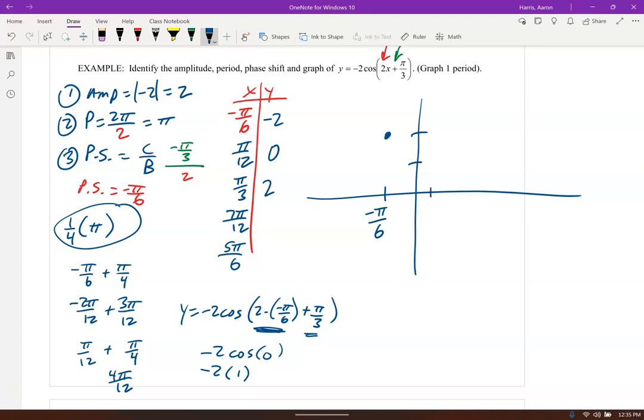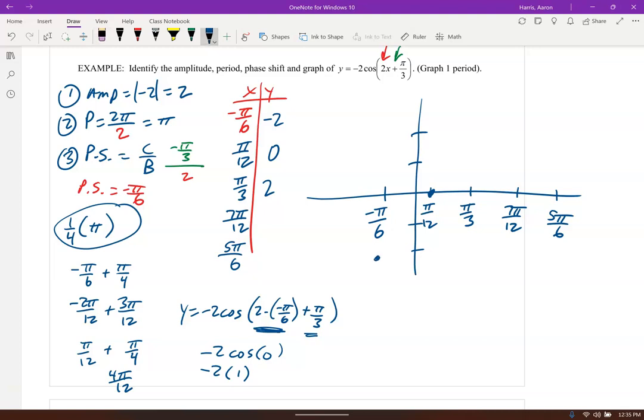So pi 12ths about right there. And then you've got pi thirds, 7 pi 12ths, 5 pi 6. Okay, pi 12ths 0, pi thirds. Oh, I graphed that first one wrong. I'm sorry. Negative pi 6, negative 2. Here we go.